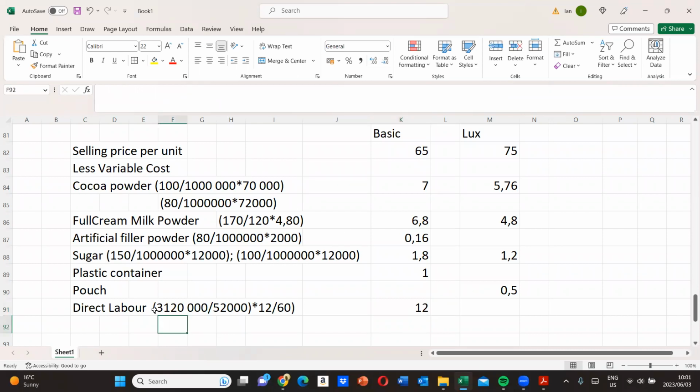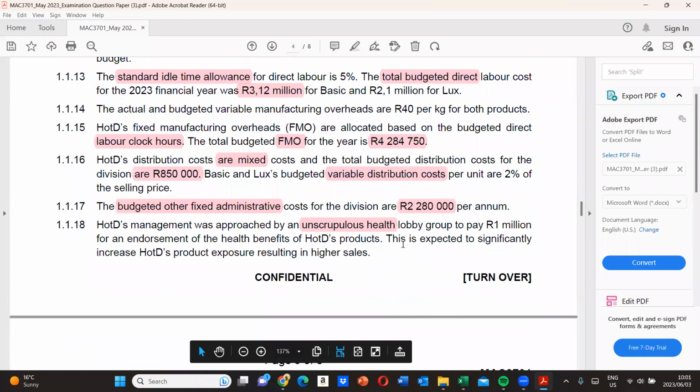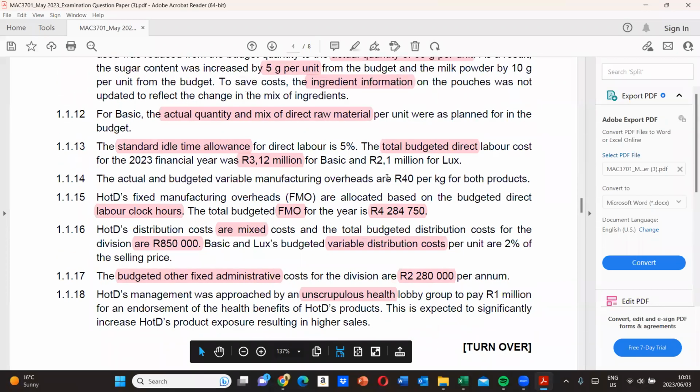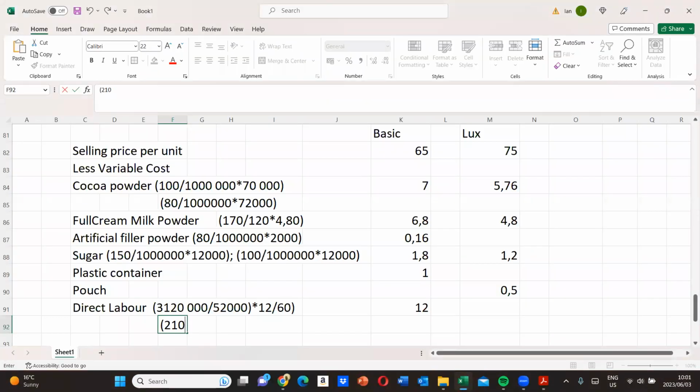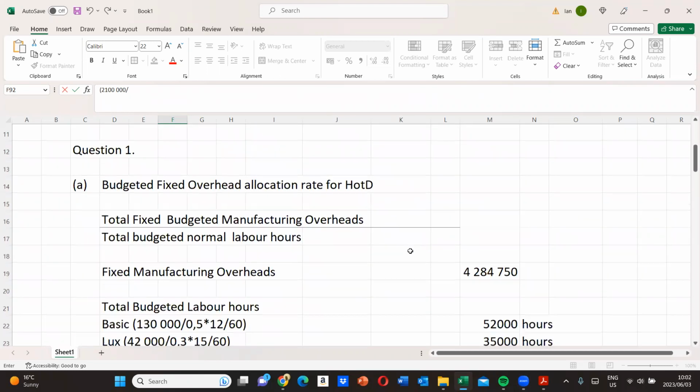And then we do the same for lax. So for lax, what is the cost? It is 2.1 million, divided by the hours that we have for lax. We did work it out somewhere as well.